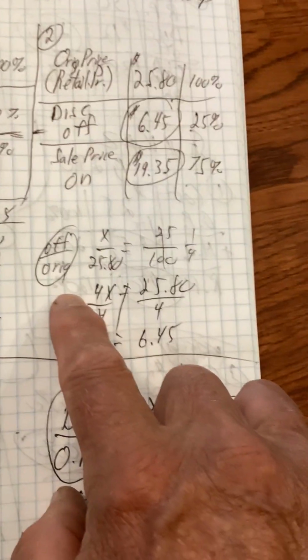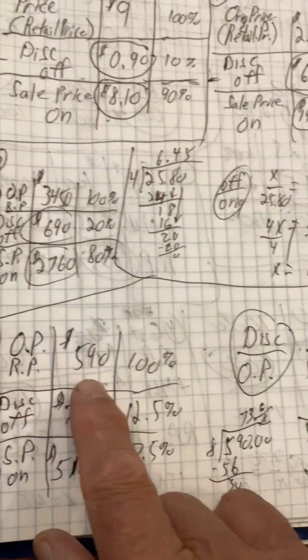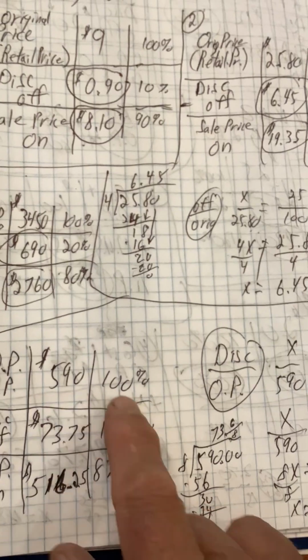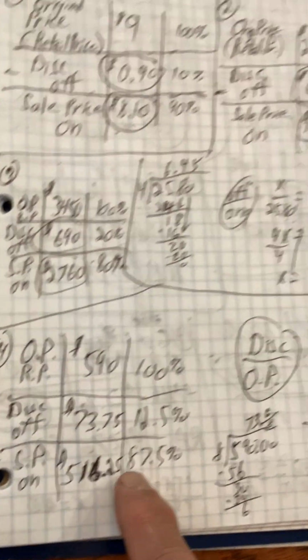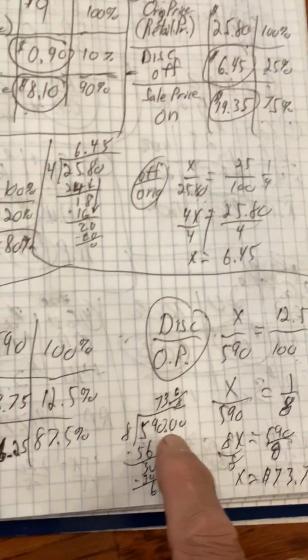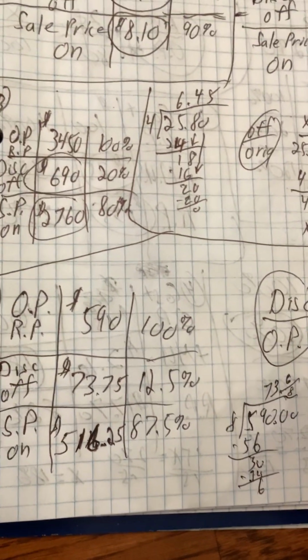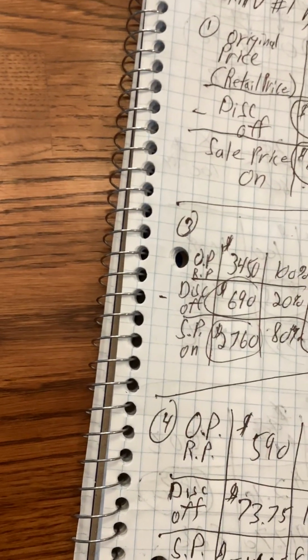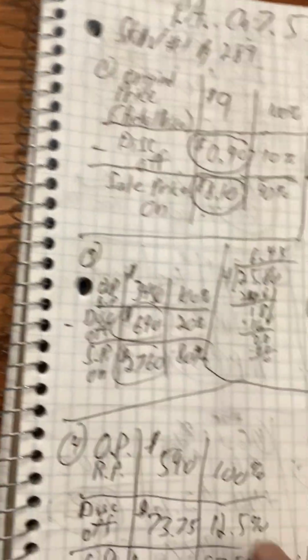Number 4. Your original price or your retail price is $590, there's my 100%. Oh, I got messed up here. Okay.